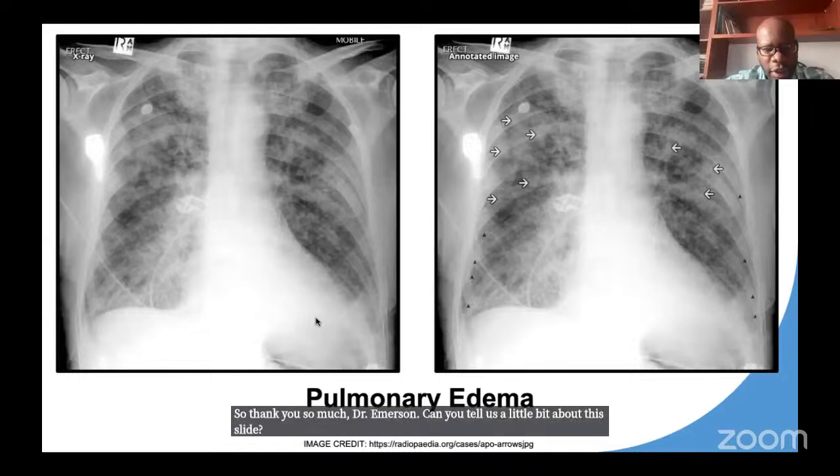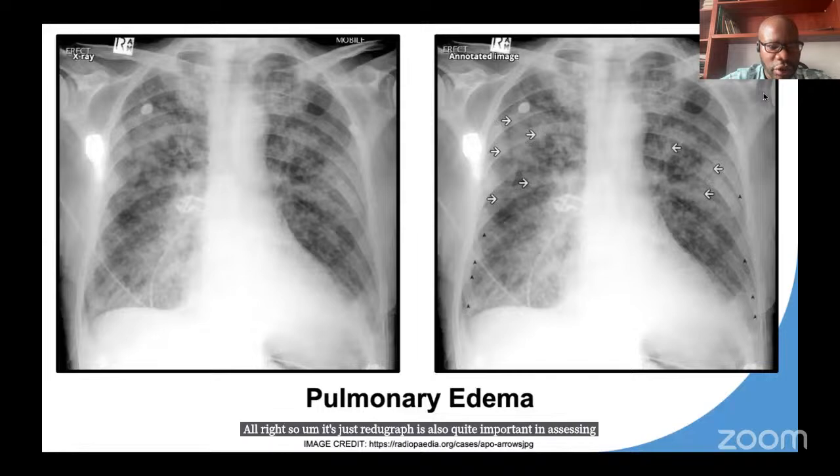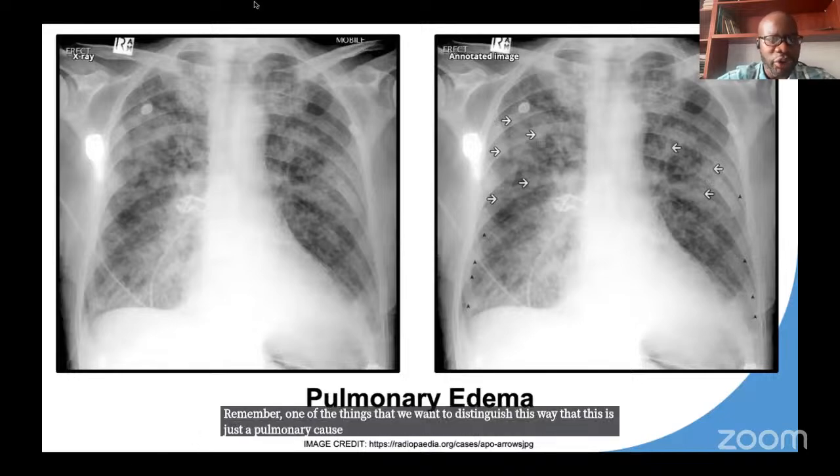All right, so a chest radiograph is also quite important in assessing somebody who has got a cardiogenic shock. Remember, one of the things that we want to distinguish is whether this is just a pulmonary cause of hypoxia and those respiratory symptoms that we discussed earlier, or there's a cardiogenic element to that.